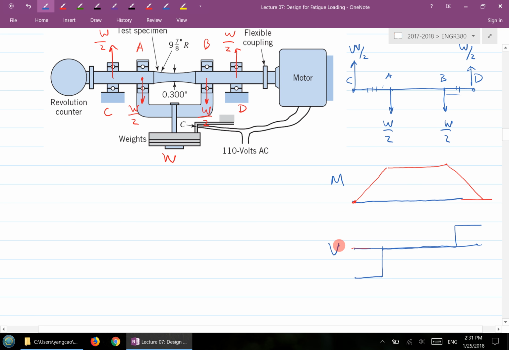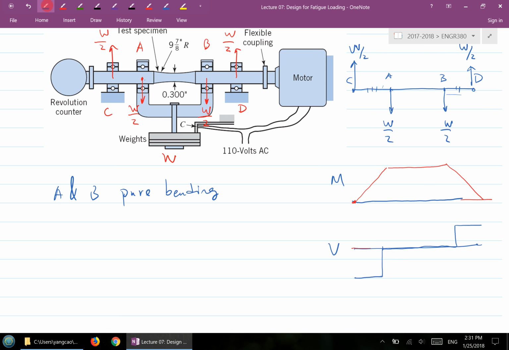So if you look at this one, and we have seen this quite a few times now, for the portion AB, which is the specimen location, the specimen that you're testing, within A and B, what do we call this? Pure bending, right? So within A and B, you have this pure bending in here.